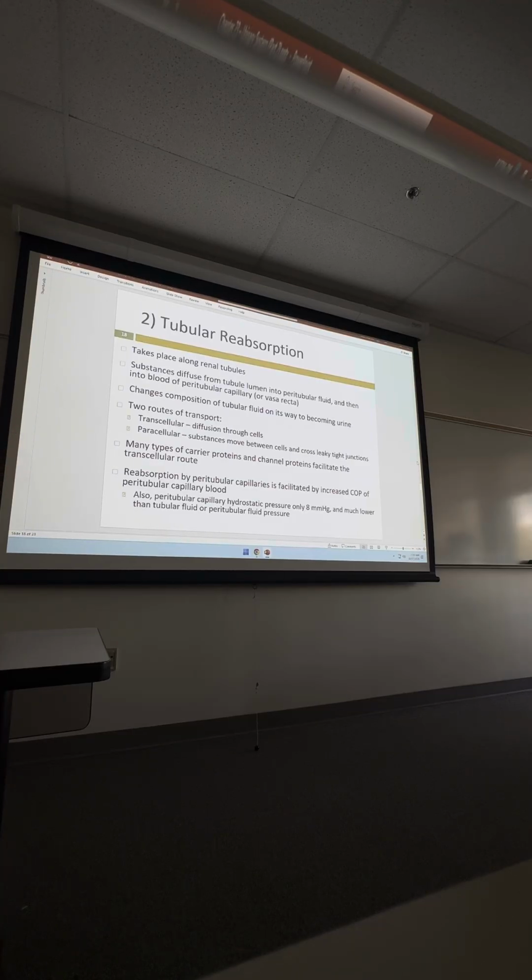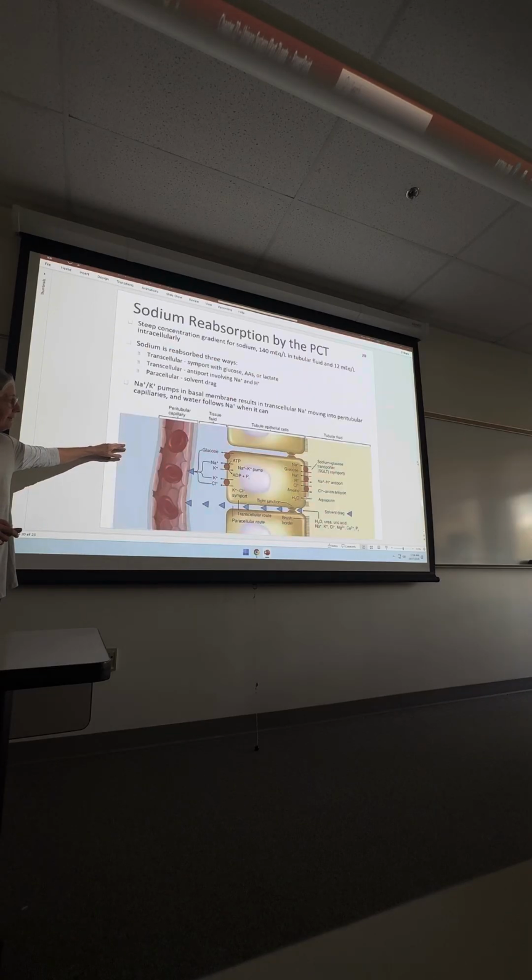And even though these cells lining the tubules, by the way, they're cuboidal epithelial cells with a lot of microvilli on them, even though they are held together by tight junctions, stuff gets through. And stuff gets through via something called solvent drag. Solvent drag, where water can actually drag lots of different molecules along with it.